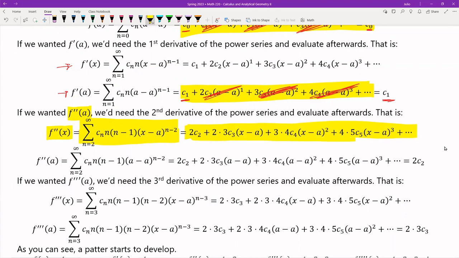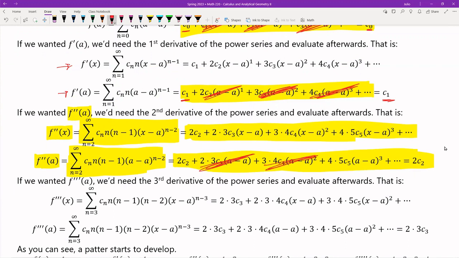Then again, if I wanted the second derivative at x equal a, that is equivalent to plugging a into my second derivative, which is equivalent to plugging a into the entire power series, which means I'm plugging a into this whole entire thing right here. And again, a minus a cancels away, a minus a cancels away, a minus a cancels away. So then all we're left with is 2 times C2.